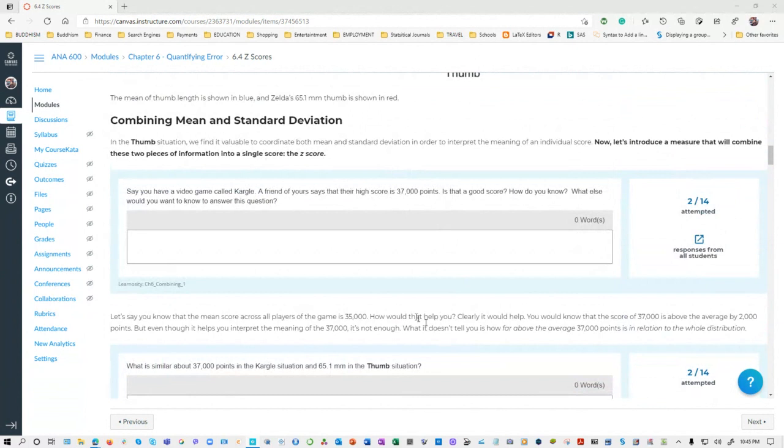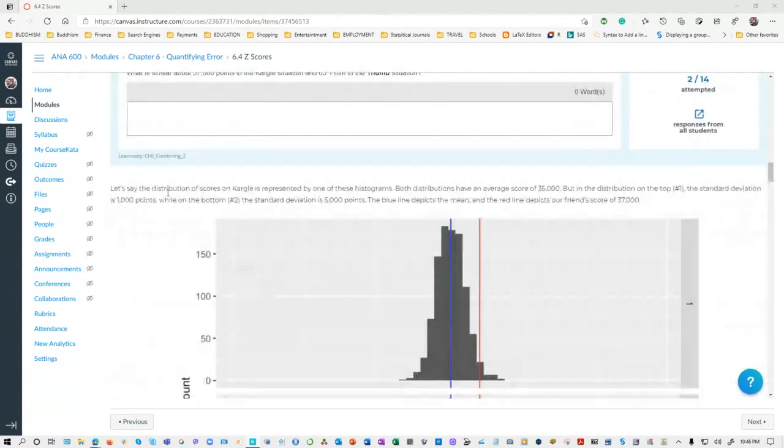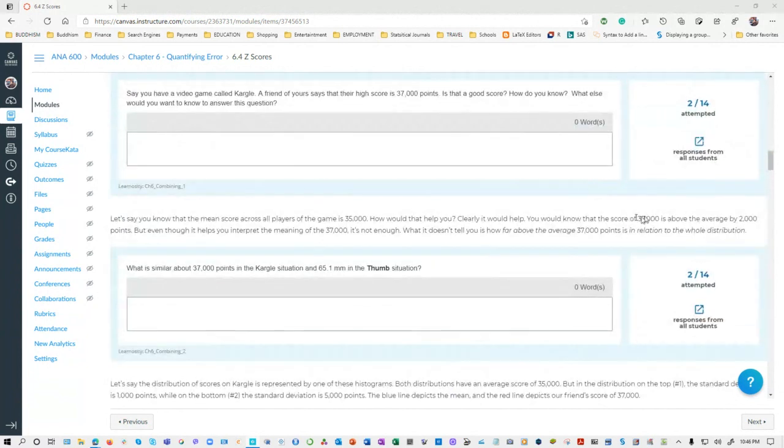He got 37,000, and the average is 35,000. You would know that the score is above the average by 2,000 points. But even though it helps you interpret relative to the mean of 35,000, it's not enough. That's why they also include the standard deviation and divide by it. The score is 37,000 and the average is 35,000.